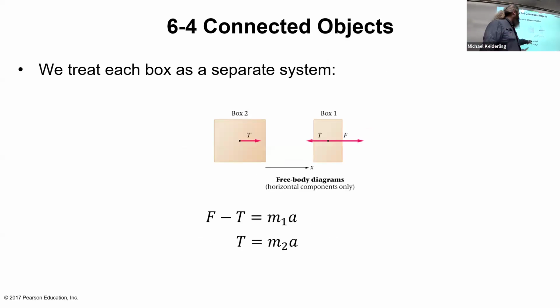And that's the same thing you get if you add these two equations together, because you get force minus tension plus tension, so plus 0T, equals mass 1 times acceleration plus mass 2 times acceleration. Tension cancels out, and you can find acceleration.